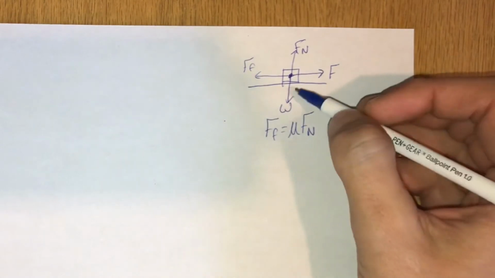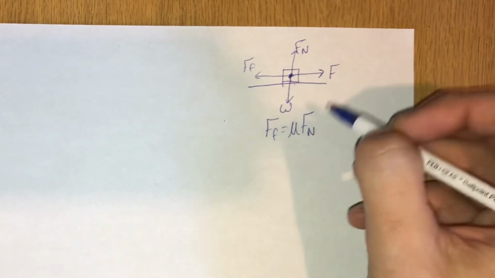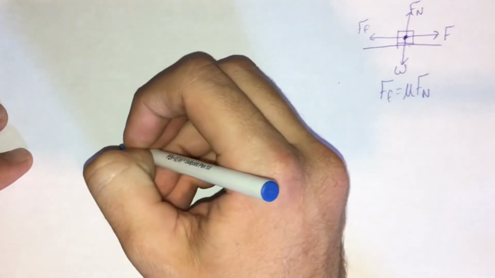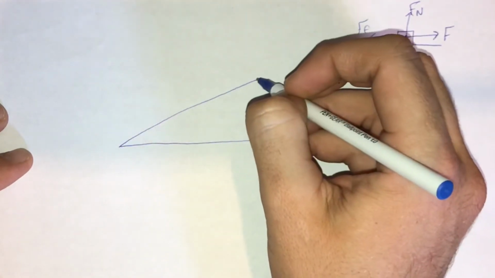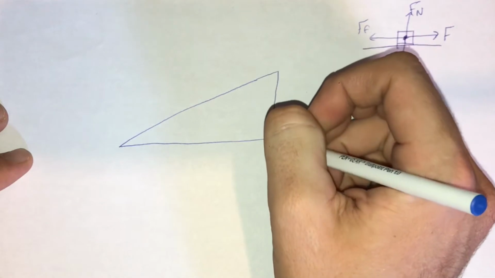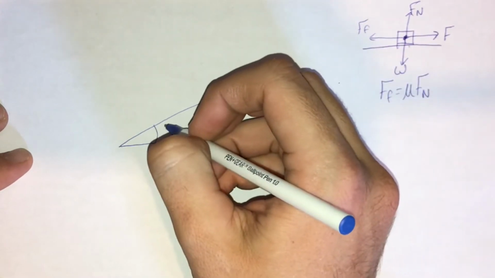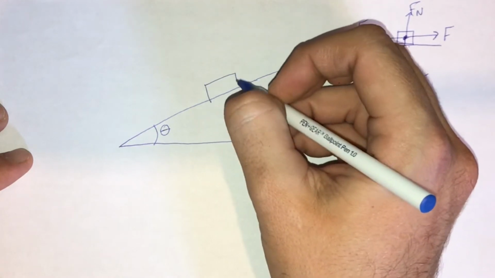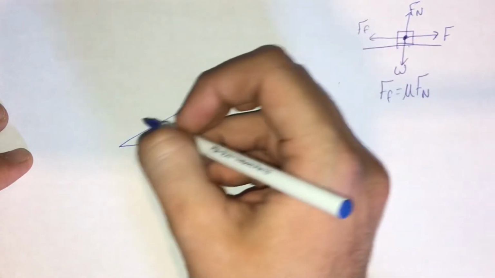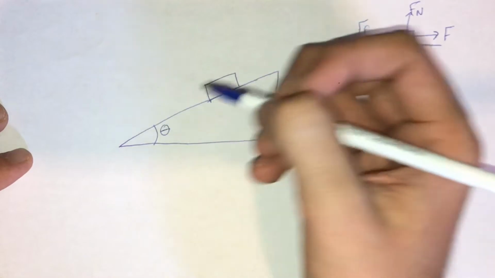All right, so how can we determine the coefficient of friction theoretically? What we're going to do is consider the case where we put the block on an inclined plane, and we can increase the angle theta until enough of the weight of the block acts down the ramp so that it starts to slide.